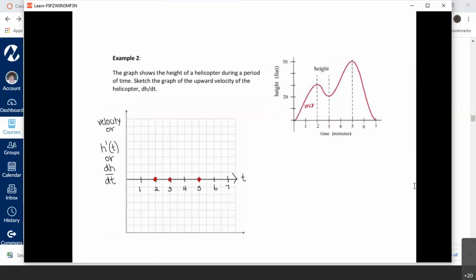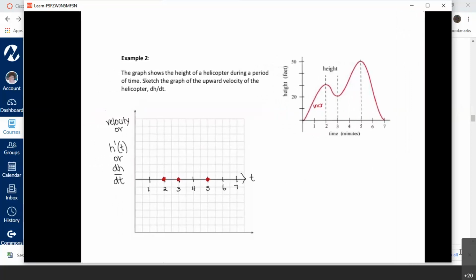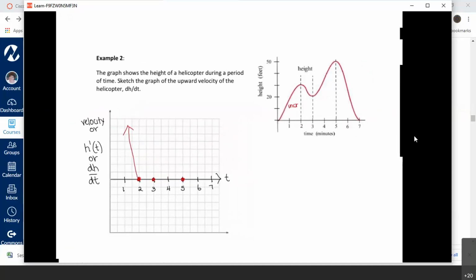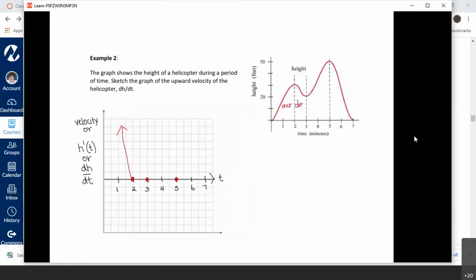So basically I'm going to draw my line from the top down like this. And again, I'm trying not to draw straight lines because this is a curve. Then you can see from 2 to 3, this original function is decreasing, because it has negative slope tangent lines.